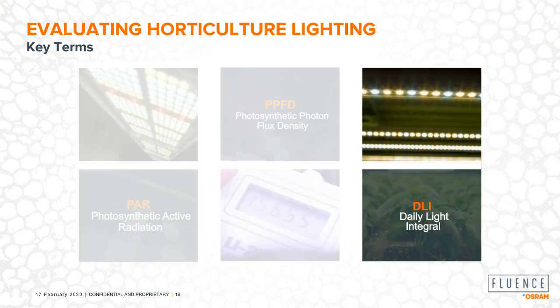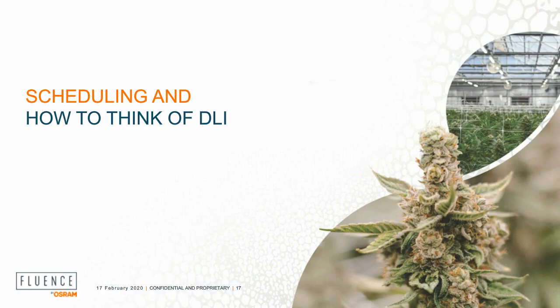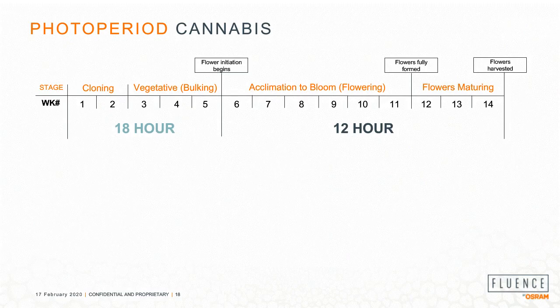Next, let's dive into DLI. So let's go over the cannabis typical schedule, and then let's look at DLI and how to manipulate it over the schedule. So as you can see here, this diagram shows the different stages of plant growth for cannabis, accompanied with the typical schedule for each stage.